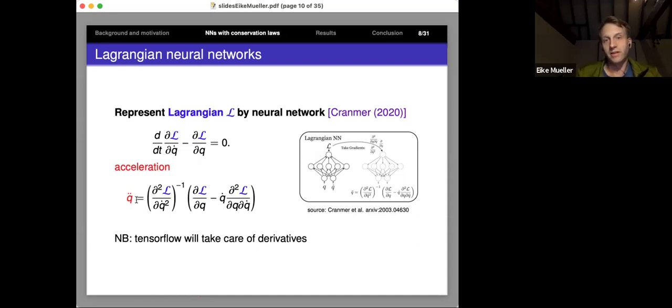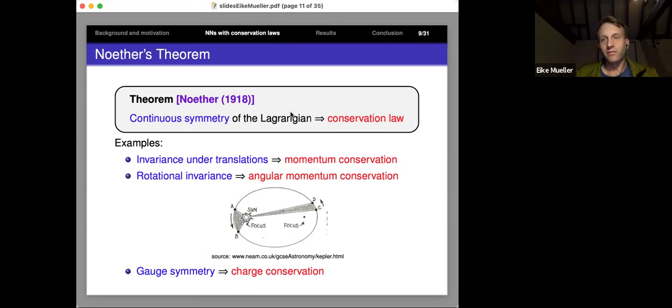And of course, TensorFlow or other frameworks can do this very efficiently. So we sort of get this representation of the function phi that we're looking for. The advantage of this is, of course, that we can then use the entire machinery from analytical mechanics in this context.